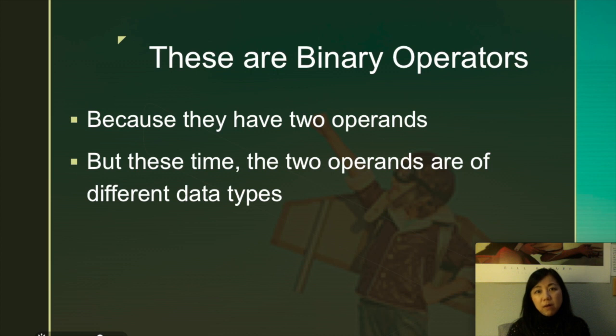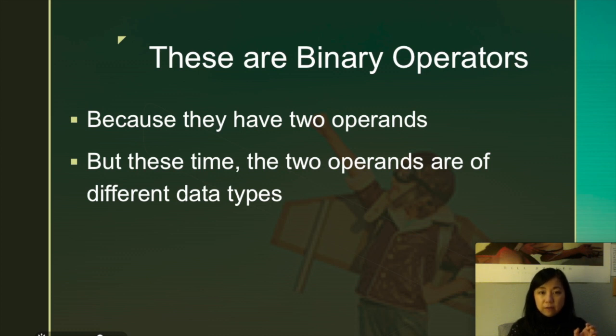When we talked about binary operators earlier, we have two values that we are playing with. So it's amount 1 plus amount 2. Amount 1 and amount 2 are the two operands that plus will be operating on. But this time the binary operators are a little bit different because the one that comes before and the one that comes after are actually different types.